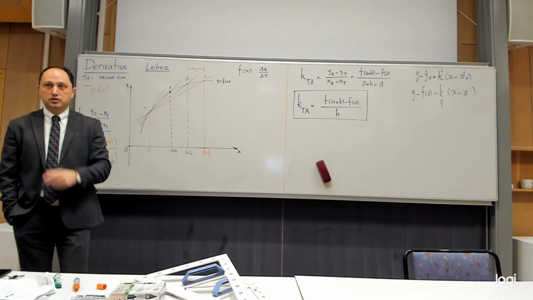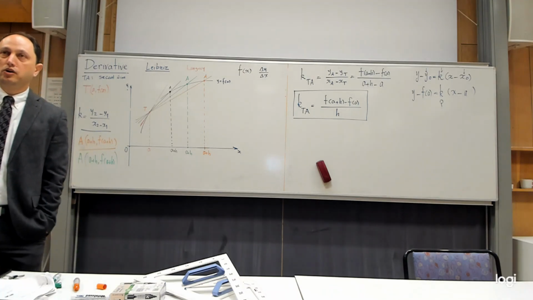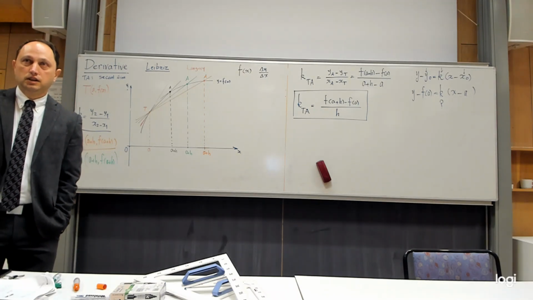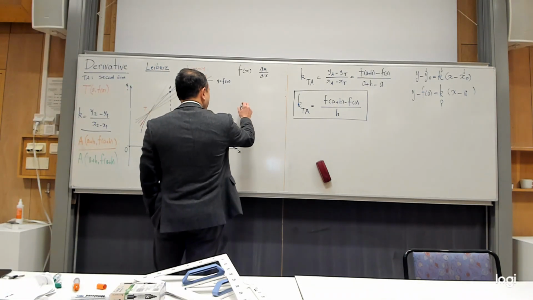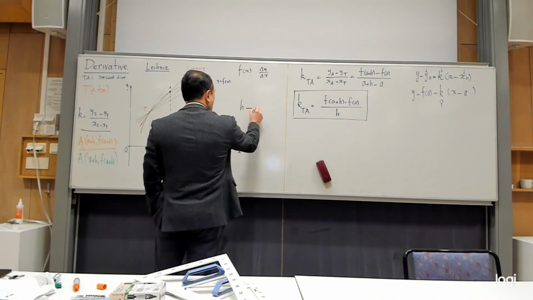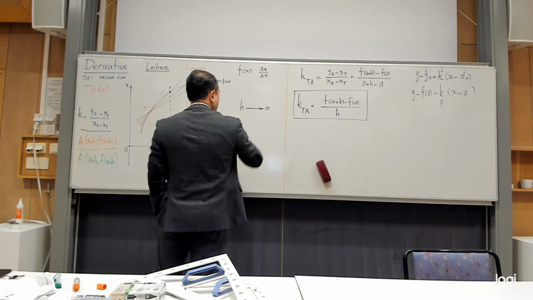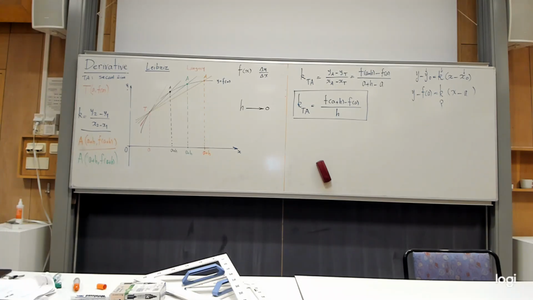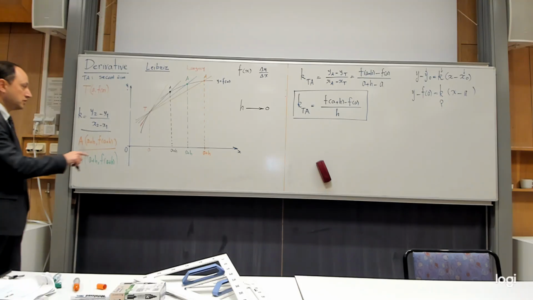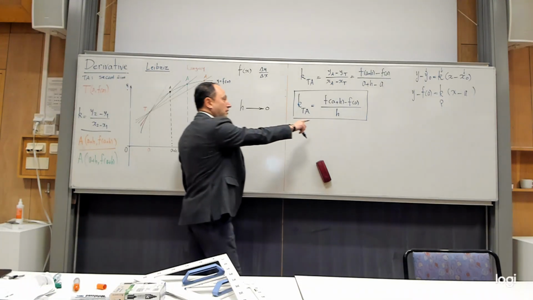There is one constraint. I should make it very small, but not equal to 0. And then the notation in mathematics we use for that, we say that h approaches 0. Okay? H approaches 0 means that h is very small but not equal to 0. That is the crucial part. Because if it becomes 0, I have big problems here.